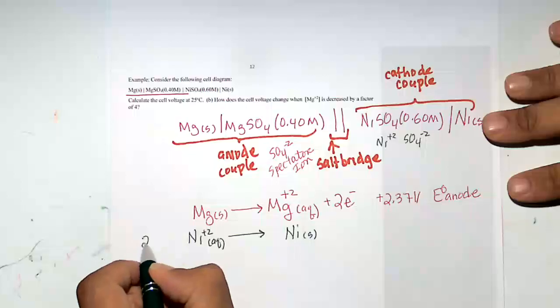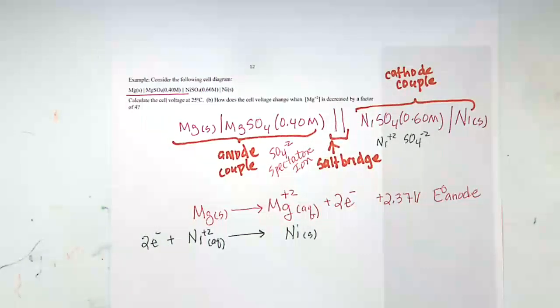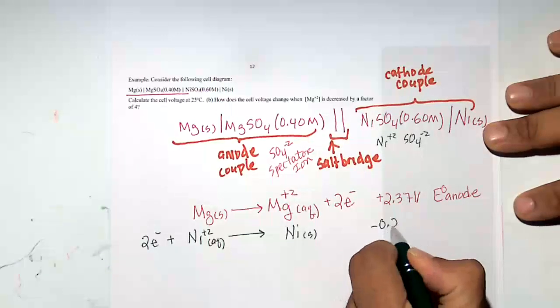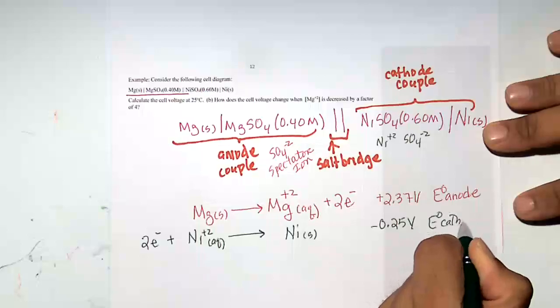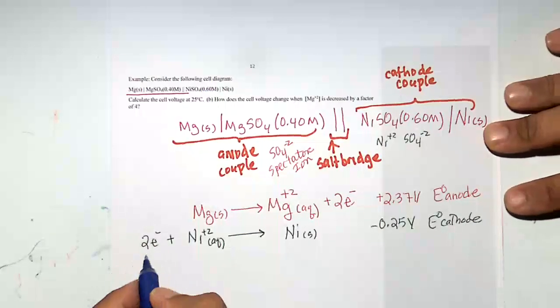How many electrons and where? 2 electrons reactant side. And what is that voltage? Negative 0.25. Is this the anode or the cathode? Cathode. Okay, so we're going to add these up together.